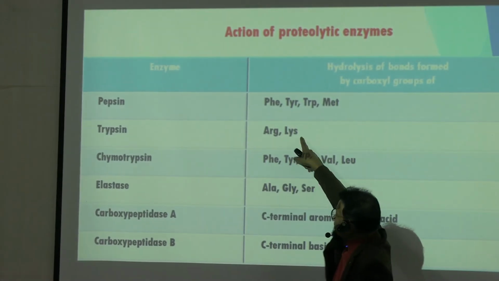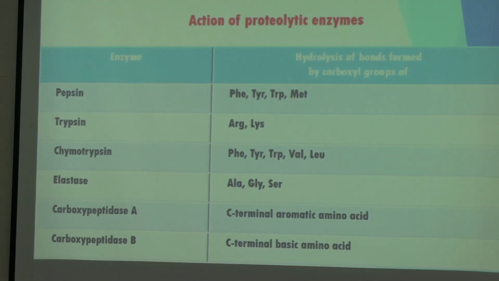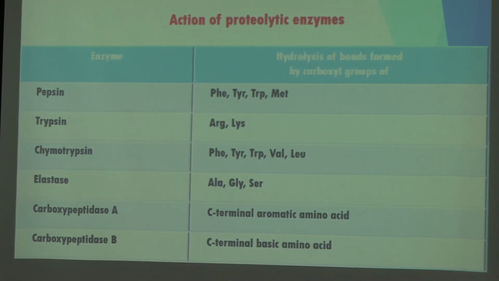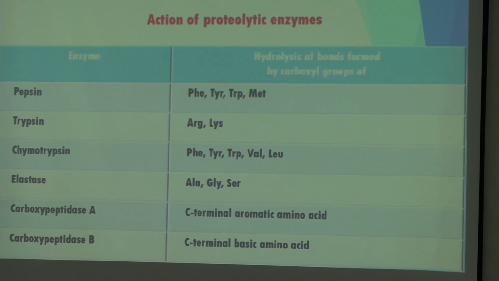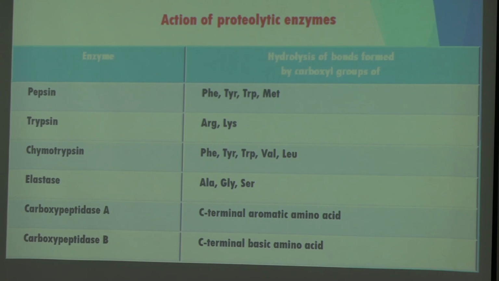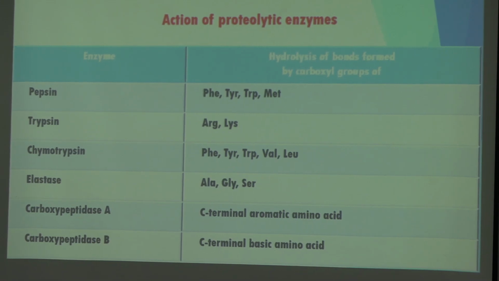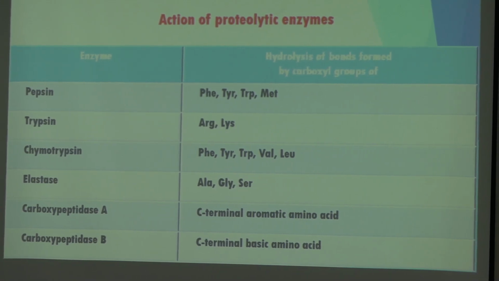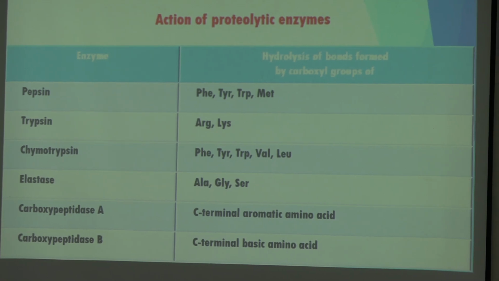See the difference between the action of trypsin and chymotrypsin. Write it down. How does the action of trypsin differ from chymotrypsin? Chymotrypsin breaks the carboxylic peptide linkages of phenylalanine, tyrosine, tryptophan, valine and leucine.